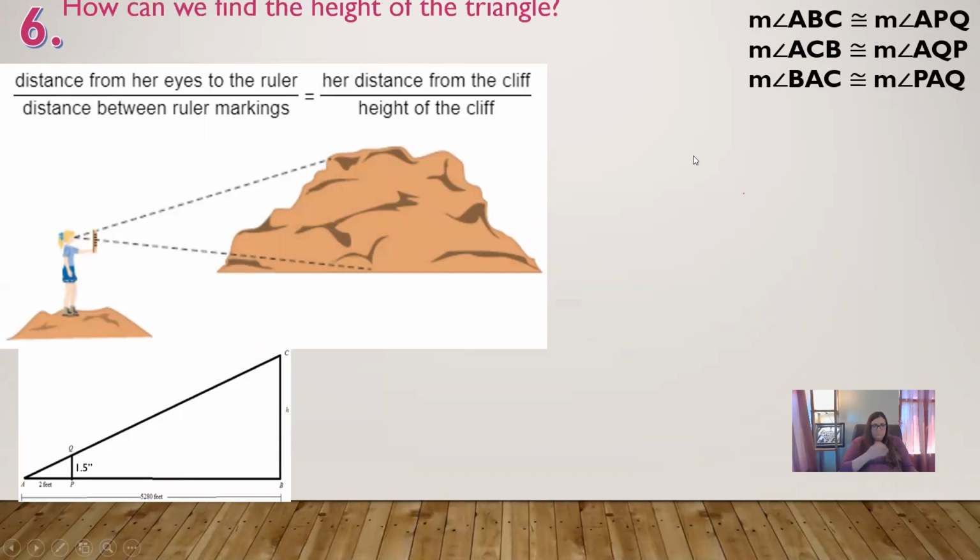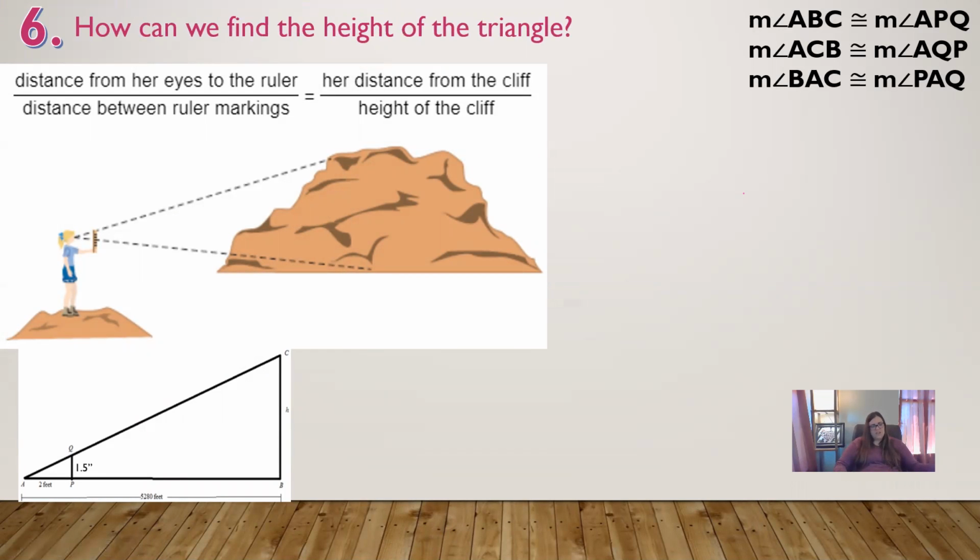All right. We need to find the height of the cliff. I put this in a little triangle down here to help y'all out. 2 feet. This is the distance from her eyes to the ruler, right here.